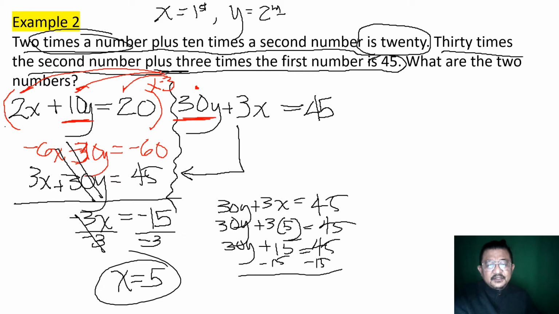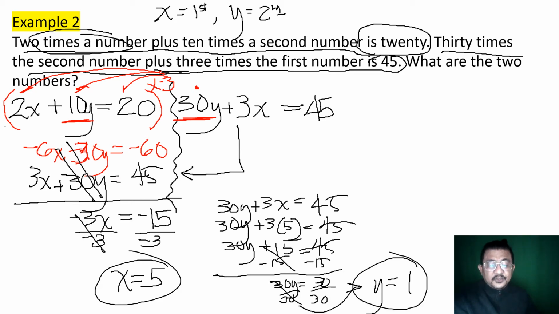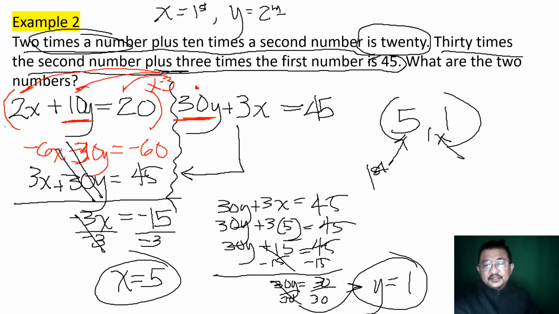Minus 15 cancels out. 30y is equal to 30. Divide by 30 cancels out. So therefore, y is equal to 1. So we already have our solution. Our solution is 5 comma 1, meaning 5 is the first number and 1 is the second number.